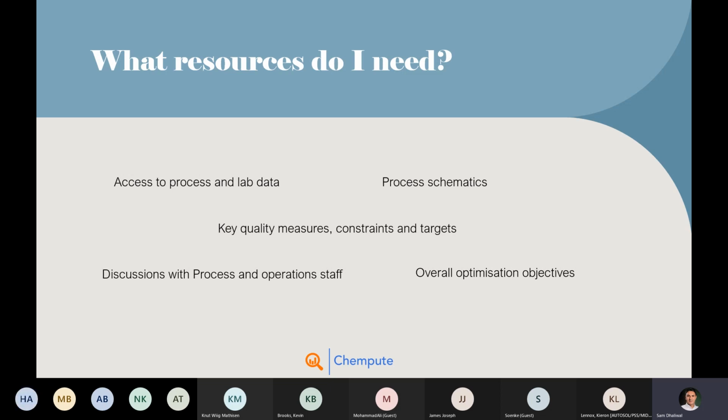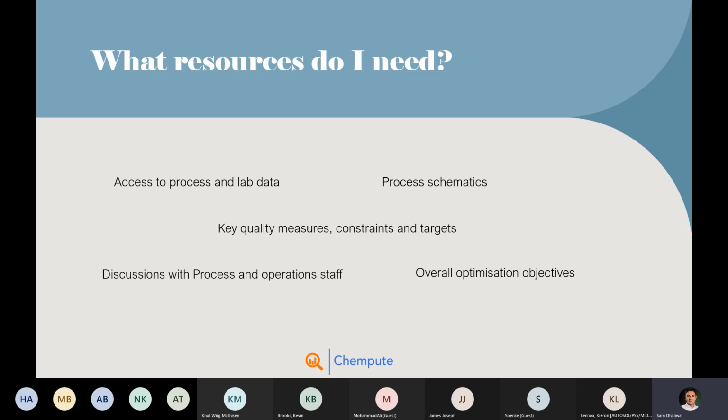You also want to look at key quality measures, constraints, and targets. We're talking about the key parameters. We don't need to look at 10 or 15 parameters. We really want to pick 2 to 4 parameters that are the main strategic parameters for that particular operating facility.